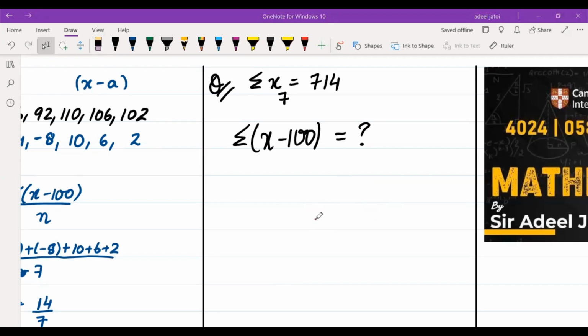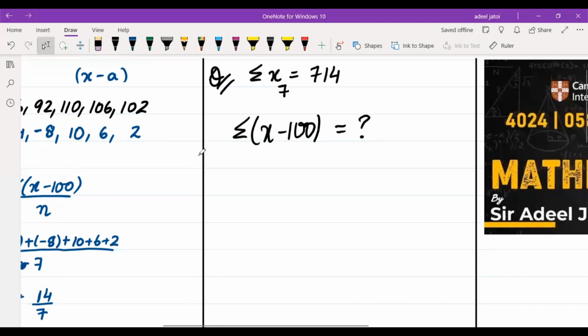When n is multiplied with the assumed mean, you will get the sum of x minus 100. If I want to calculate the mean, I'll take the summation of x over 7, which is 714 upon 7. We already know that the normal mean was 102.